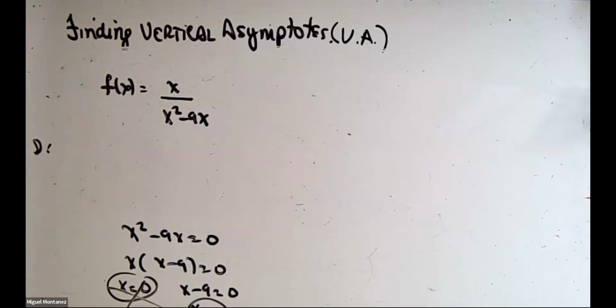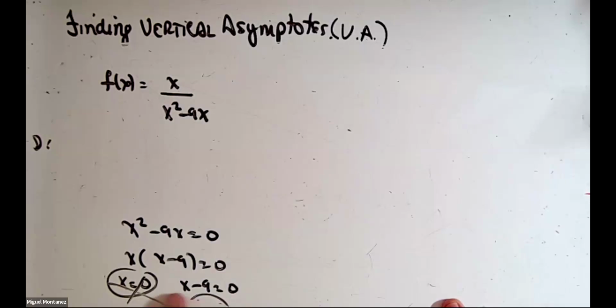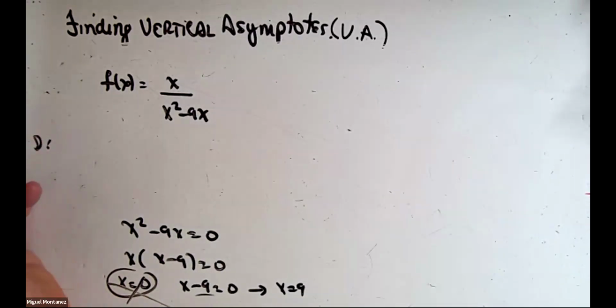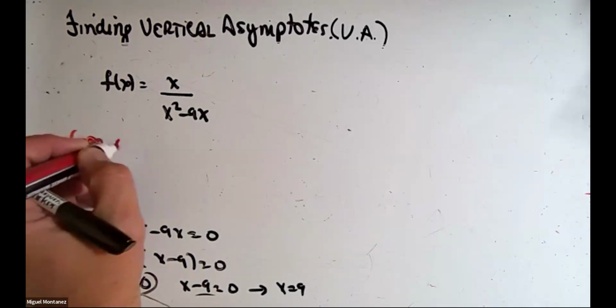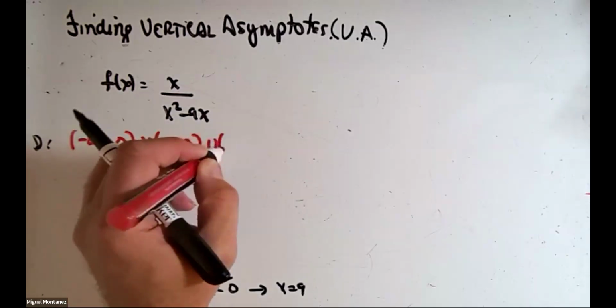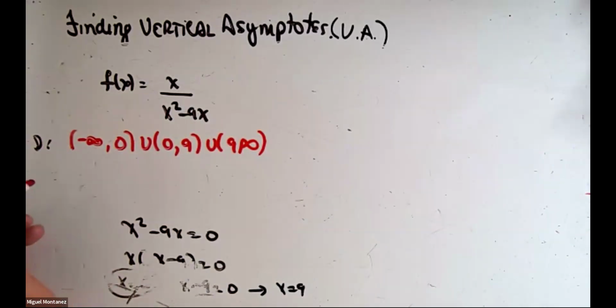We have to avoid 0 and 9. So my domain will be all real numbers except, of course, those two numbers, 0 and 9.